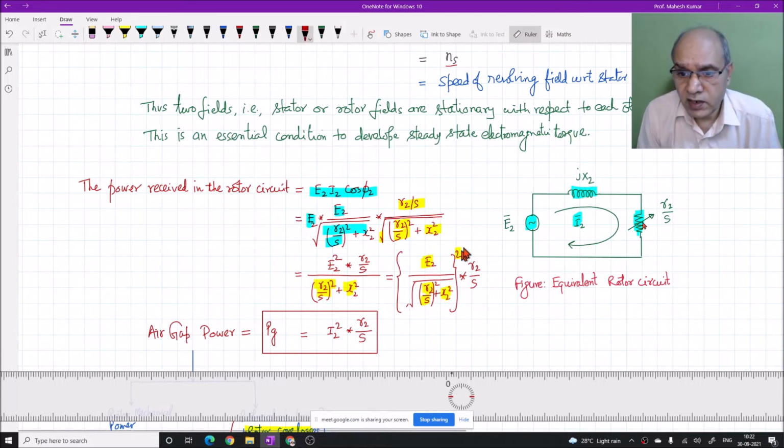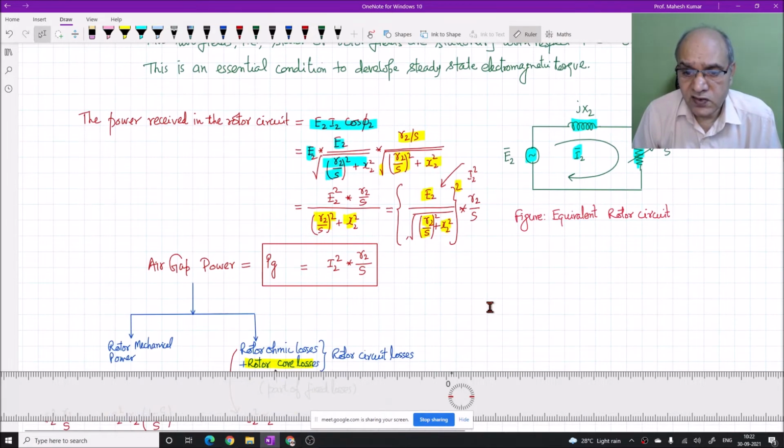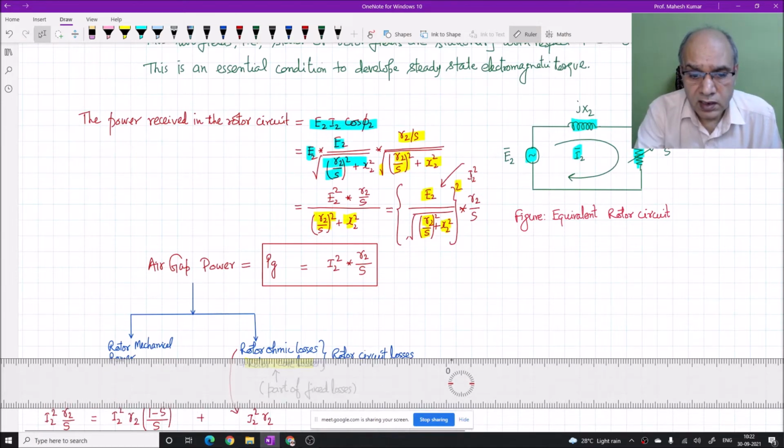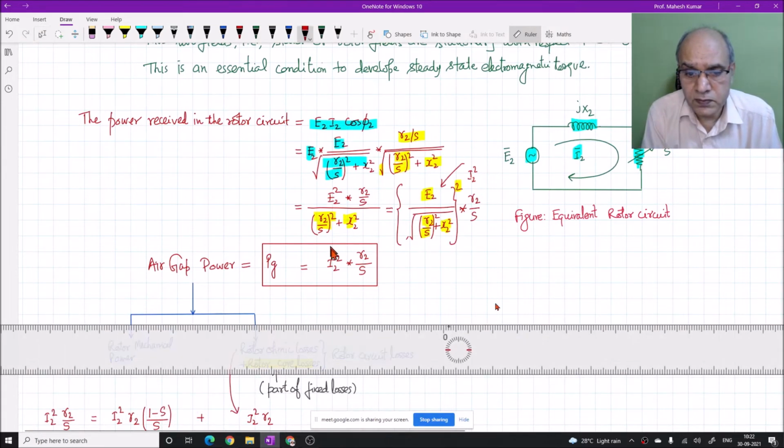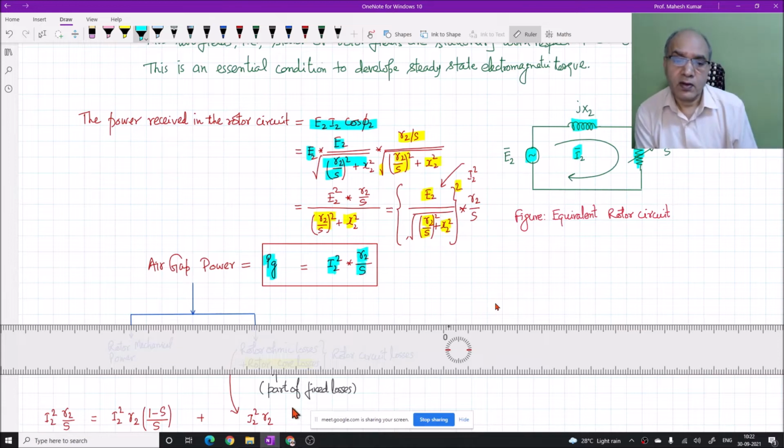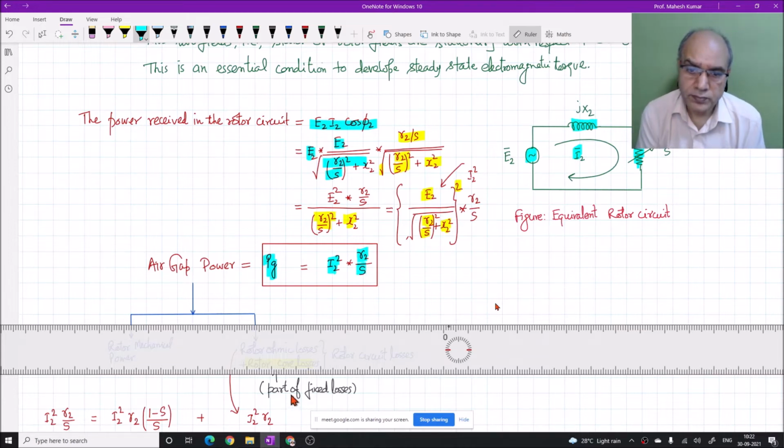So this is nothing but I2 squared. Thus the expression for the power in the rotor circuit becomes Pg equals I2 squared into R2 by S, where S is the slip.